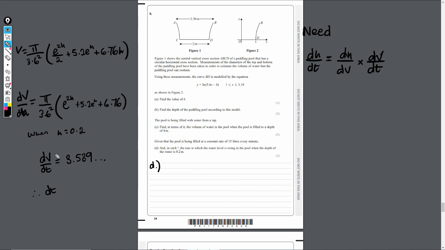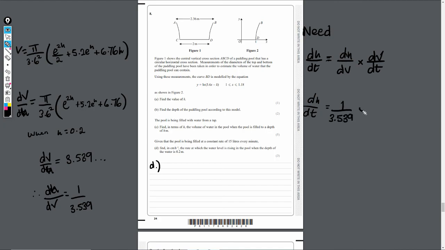So we want now dh over dV. Okay, I'm making a lot of mistakes today, so I do apologise. dh over dV will be 1 over 3.539. So we've got dh by dV now, so we can use that in the chain rule here. Now we just need dV by dt.